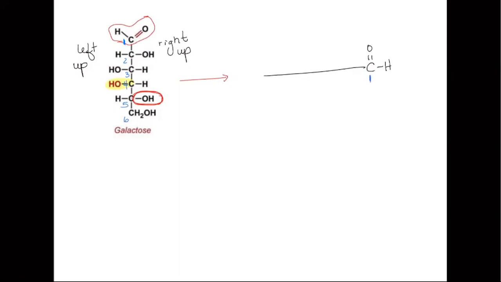So this is carbon number 1, and I have 2, 3, 4, 5. And then the 6th carbon is at the end.